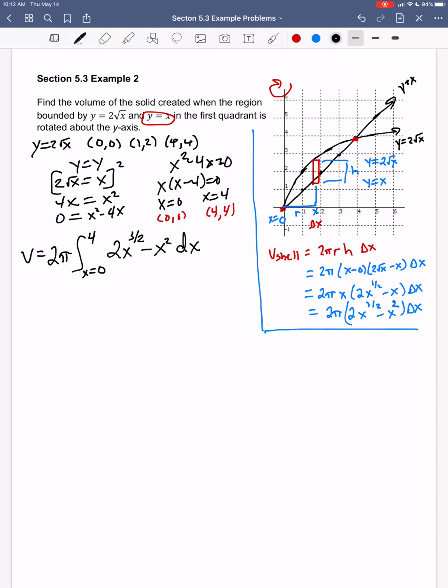So, to evaluate this, I take the antiderivative. So 2x to the 3/2 plus 1. I go up 1. 1 would be 2/2. So that's going to be 2x to the 5/2 divided by 5/2 minus x to the 3rd divided by 3, evaluated between 0 and 4.